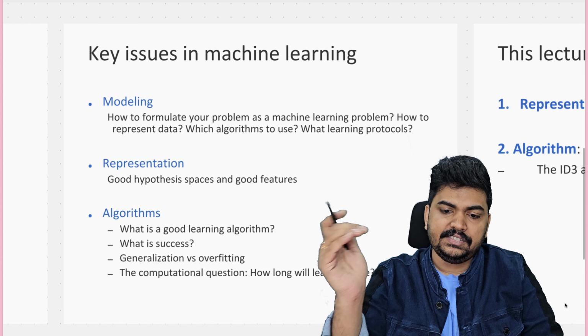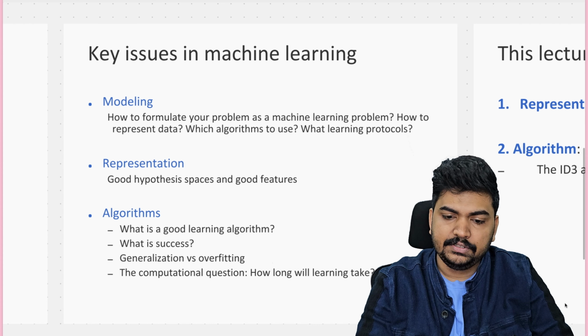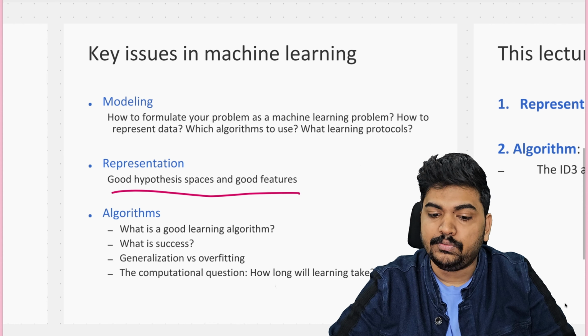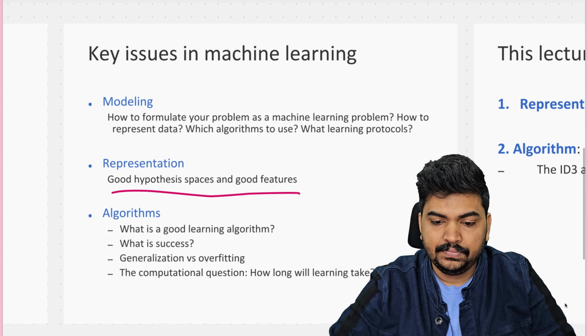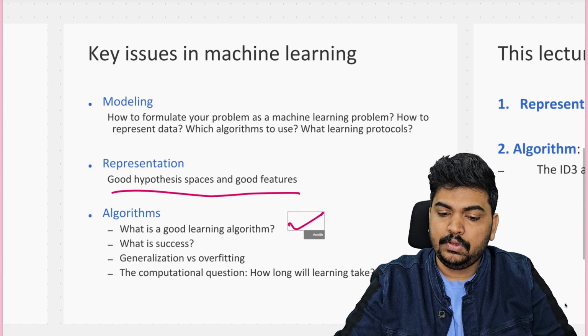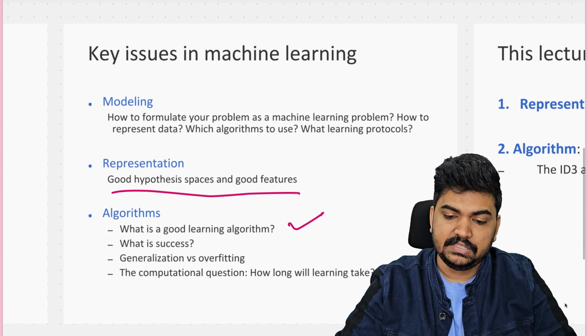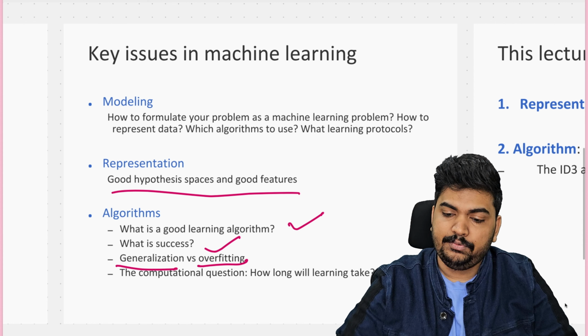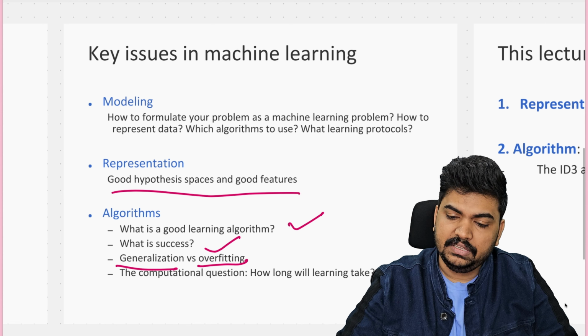Within that, we further need to see what are the good hypothesis spaces and good features. Again, what is a good learning algorithm? How exactly do we measure the success? How do we identify generalization as against overfitting? And finally, how exactly will the learning take place?